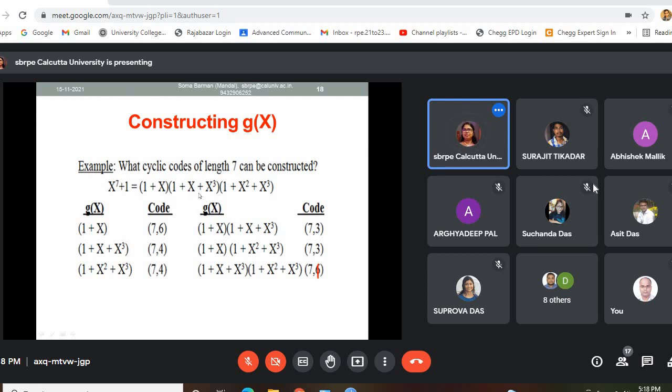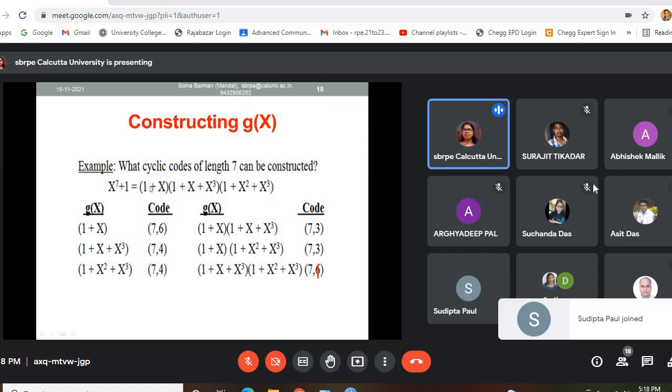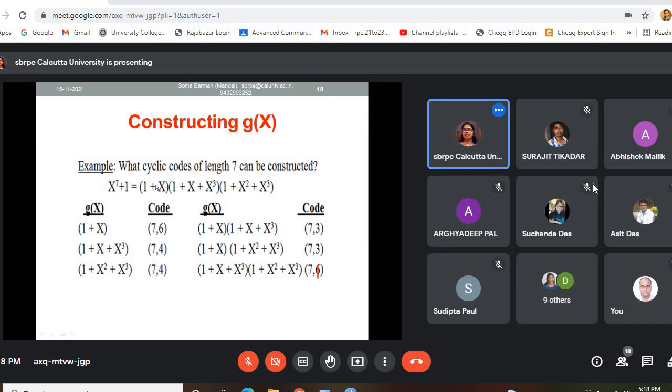Now, if I take the factor 1 plus x, when can we take 1 plus x as the generator polynomial? For this case, if I take 1 plus x, what will be the length of your code?